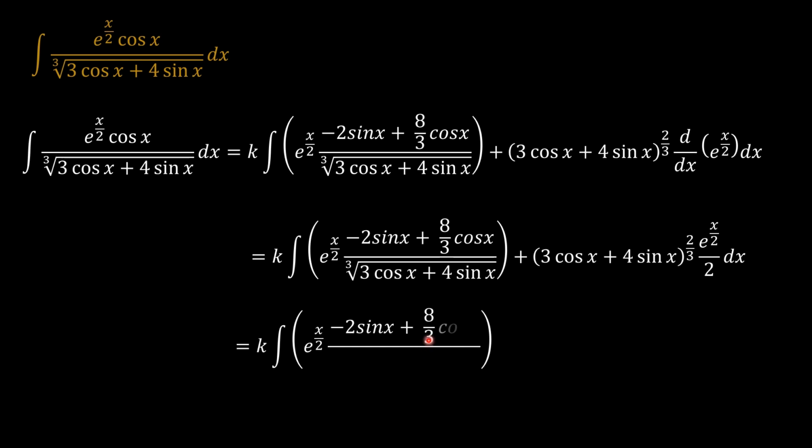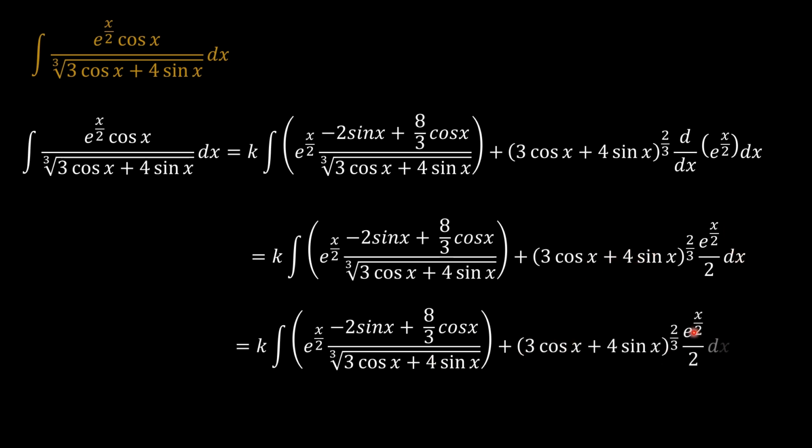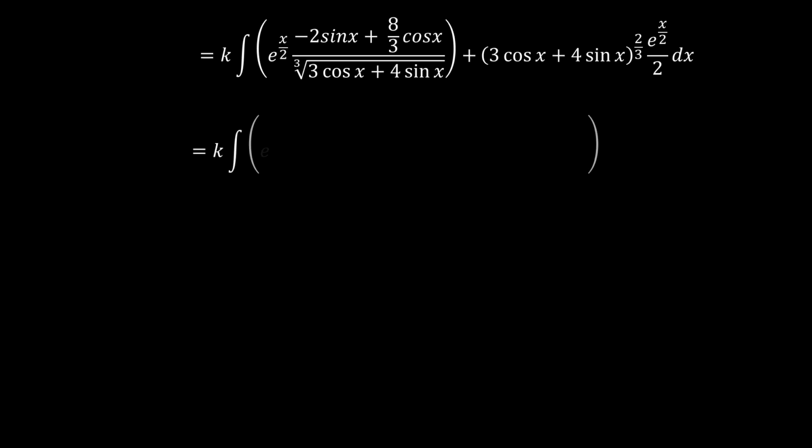So k, and then we have e to the power x over 2 times the derivative of this plus the derivative of x over 2, which is e to the power x over 2 over 2. That should be equal to whatever is on the left hand side. So then, as you know, we keep maintaining our constant there as shown here.